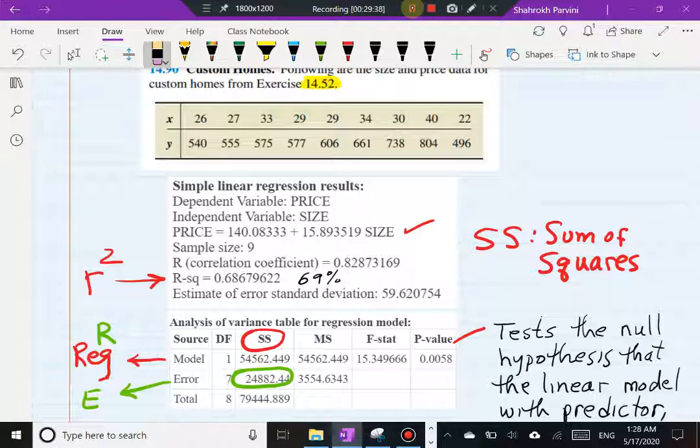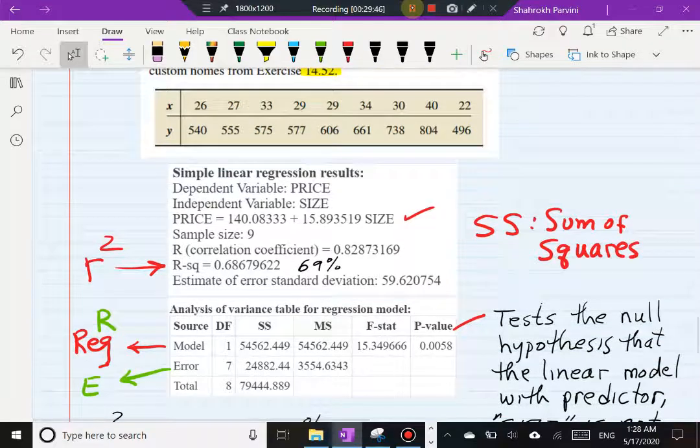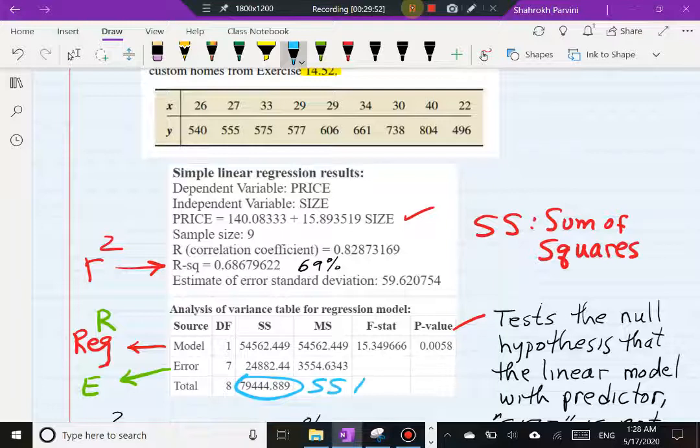That's the SSE that we're looking for. And the total sum of squares, that's the SST, that's this one right in here. You can see that's your T for total. As you can see, the regression output gives you all your sums of squares.